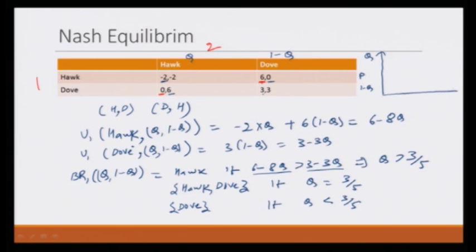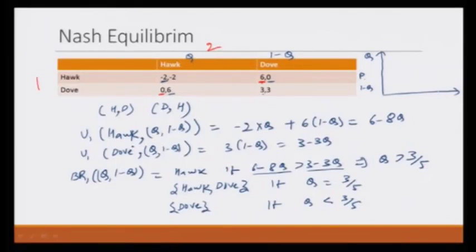If q is equal to 0, then player 2 is playing dove, and in that case the best response is to play hawk, so p has to be equal to 1. As long as q is between 0 and 3/5, player 1 will keep on playing hawk. So here we go up to 3/5, and at 3/5 any mix will do.